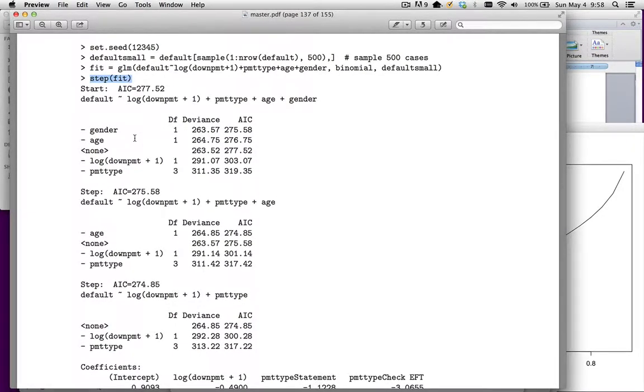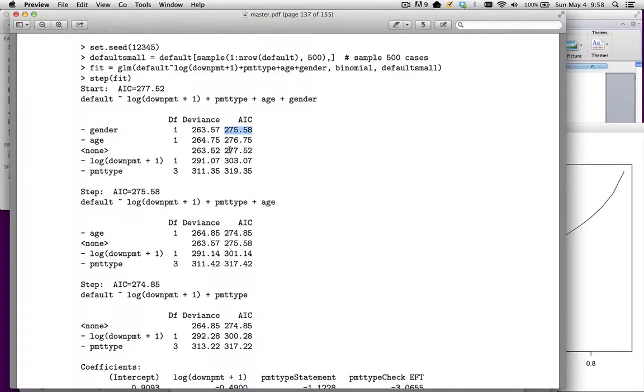With backward selection, we begin with everything and try dropping variables. It says that if I get rid of gender, my AIC is actually going to get better. It goes from 277.5 down to 275. We want small AIC.